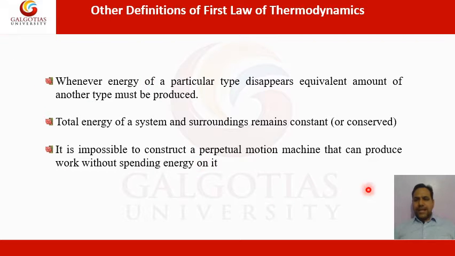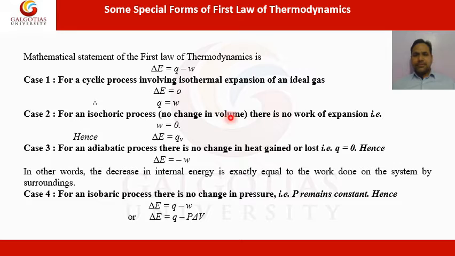Now come to the next slide. Some special forms of the first law of thermodynamics are shown here. The mathematical statement of the first law is delta E is equal to Q minus W. In the first case, for a cyclic process involving isothermal expansion of an ideal gas, delta E is equal to 0.